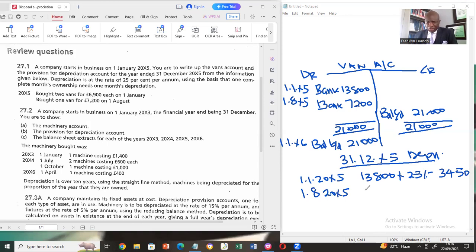So the depreciation will be 7,200 multiplied by 5 upon 12 multiplied by 25%, because that's the method that they are using. And this will give us 750. Total depreciation for the year will be 4,200.